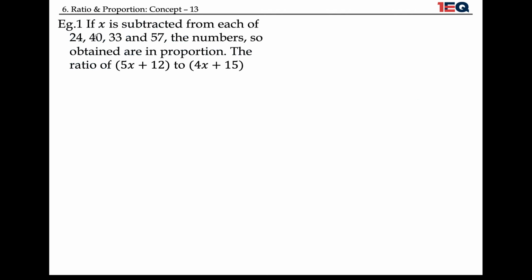If x is subtracted from each of 24 is to 40 is to 33 is to 57. So minus x, minus x, minus x, and minus x.